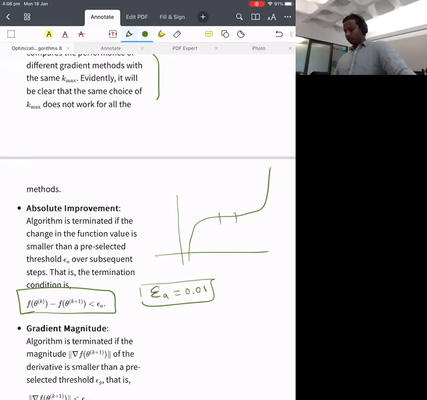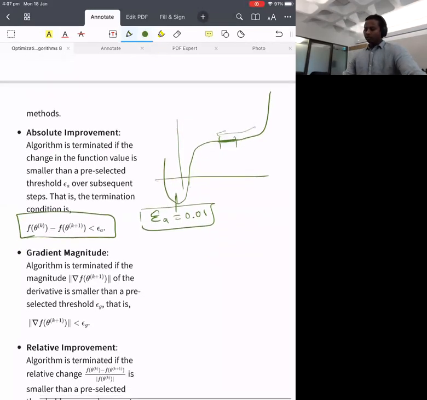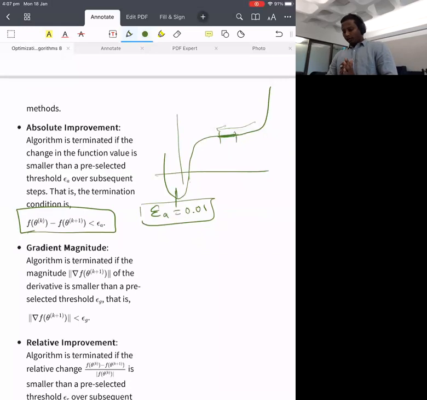Saddle points are generally a big deal, but in this case the function value might not change even when the algorithm is moving towards the minimum. So if during that one iteration the function value didn't change much, the algorithm stops, but you're nowhere closer to the minimum value. Okay, one should be careful with it. That is the first condition, where the algorithm stops based on function value.